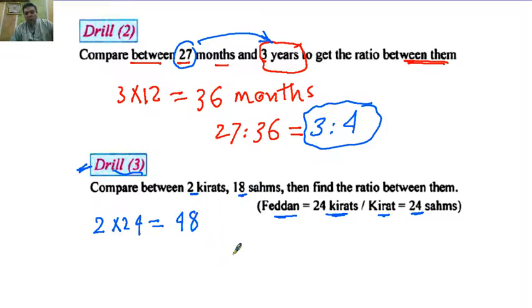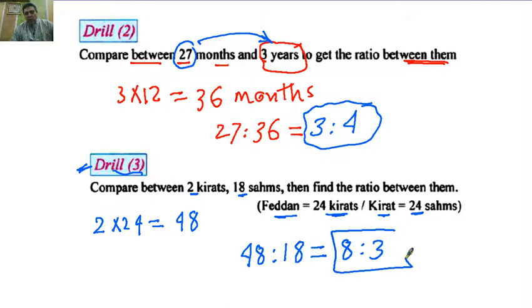Then the ratio becomes 48 to 18. Divided by 6 equals 8. Divided by 6 equals 3. Then the ratio becomes 8 to 3.